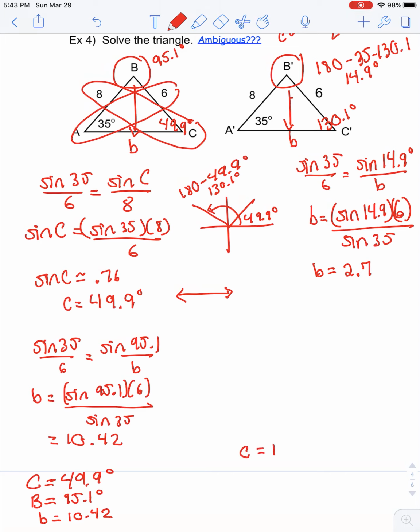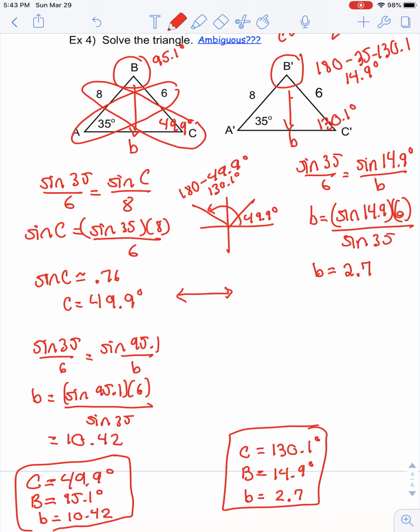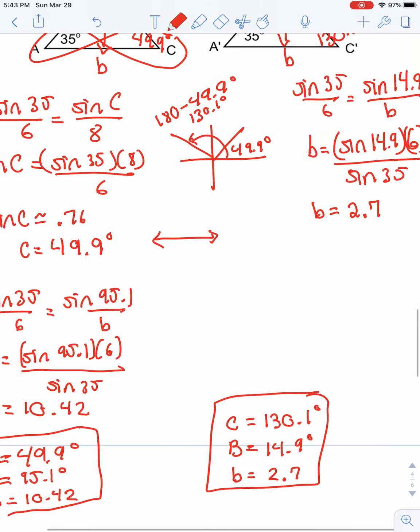In my second situation, we found angle C was 130.1 degrees. That made angle B 14.9 degrees, and that made side B 2.7. So check that you have two separate triangles when this situation arises.